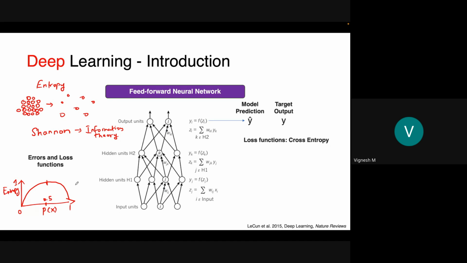Okay, and as people mentioned, Shannon's entropy is negative sum over all the events x, p of x into log of p of x, right? So what does this tell you? This tells you that you have to take the event, take the log of the probability of the event, multiply them and do it over all possible events x, and then you will get the entropy of the system, right?